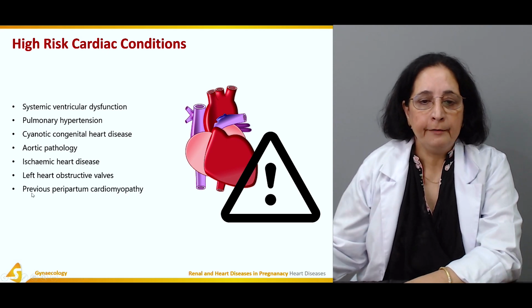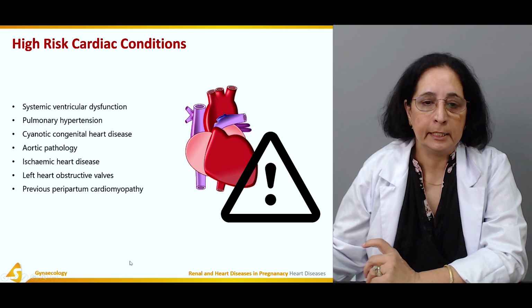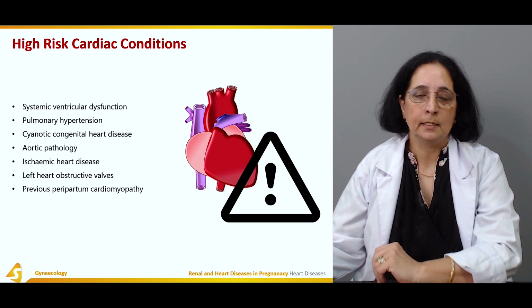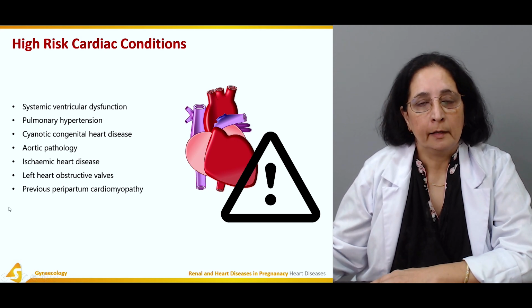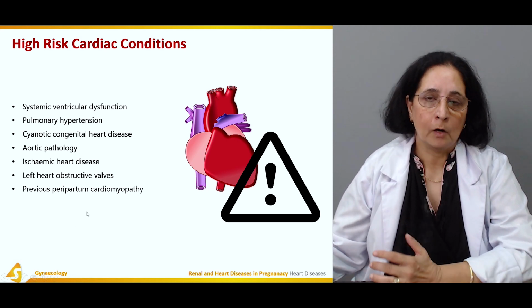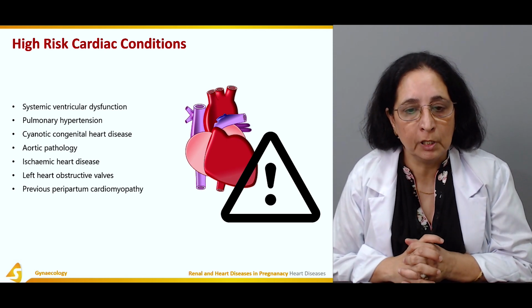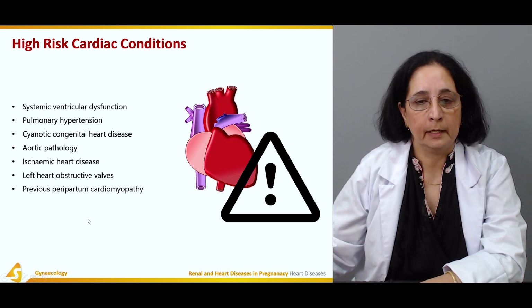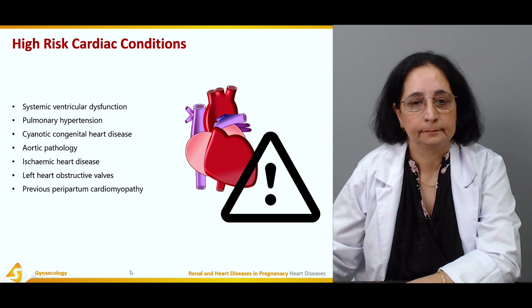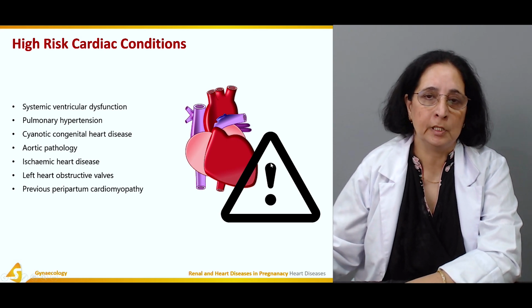Then we have previous peripartum cardiomyopathy, a condition in which there is involvement of the heart muscle around the time of the pregnancy. Any previous history of cardiomyopathy should also be taken into consideration. So all these are different high risk conditions.